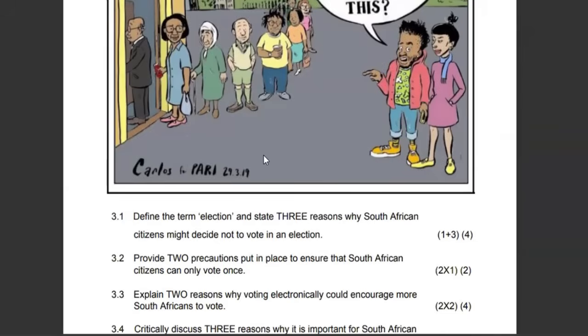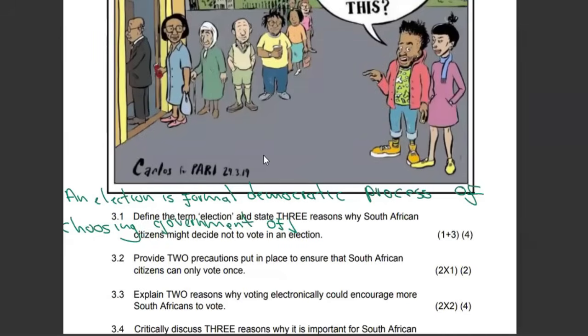So the first thing, an election is a formal democratic process of choosing government officials or politicians.